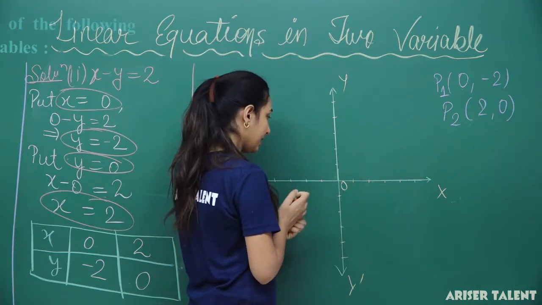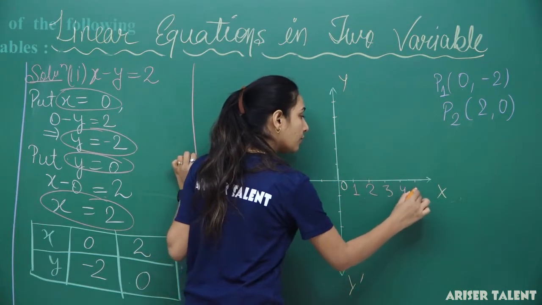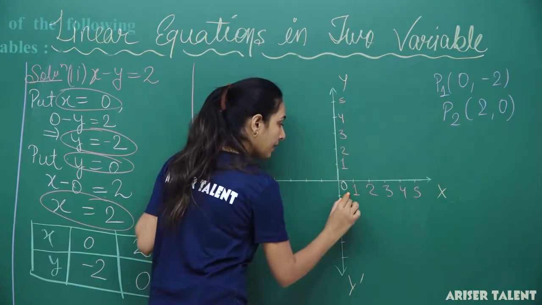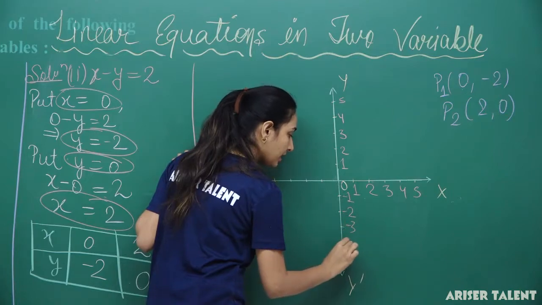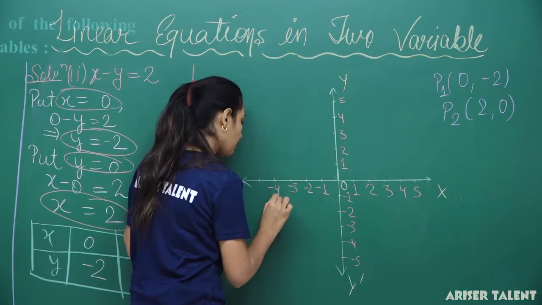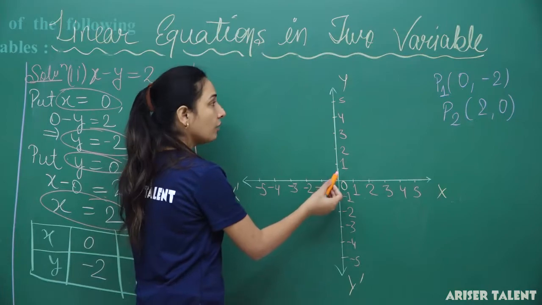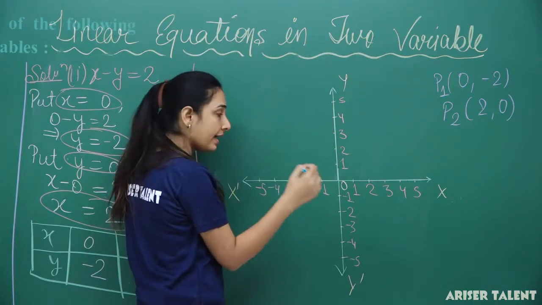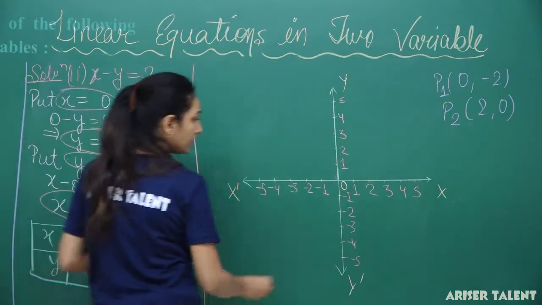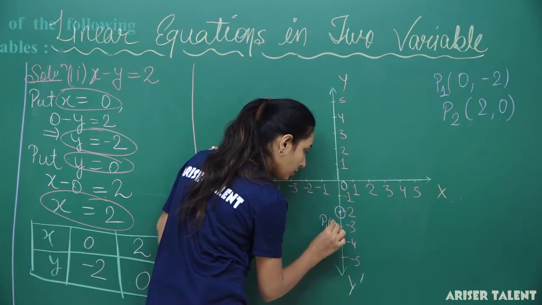So, if I am writing the values here like 1, 2, 3, 4, 5, and minus 1, minus 2, minus 3, minus 4, minus 5. So, I will be getting 0, minus 2 here, minus 2 is on y axis. So, minus 2 here. So, that will be the point. This is the point P1 which is 0, minus 2.